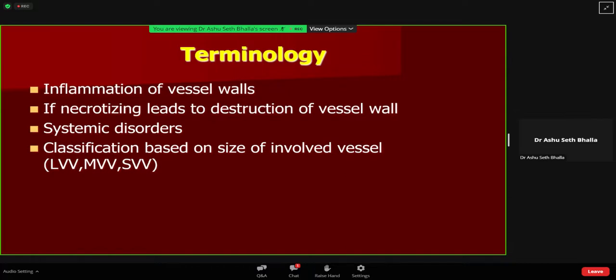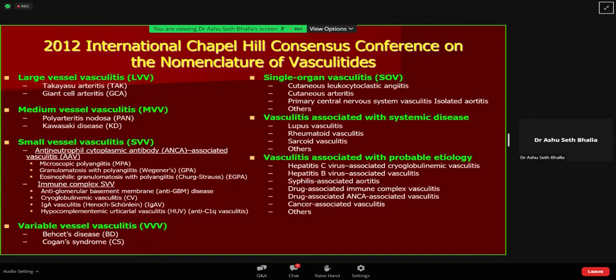But having said that, every vasculitis does not involve the same set of systems and does not have the same set of manifestations. What governs which organ systems are going to be involved and how they are going to manifest is essentially which size of the vessel is involved.